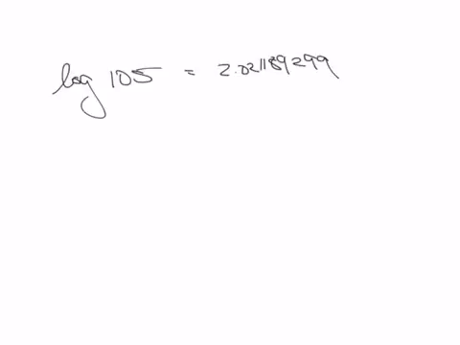So, let's try something. Take your calculator, push your log key, and push 105. You should get an answer like 2.021189299. What does that mean? That means that if we took 10 to this power, we'd get 105.